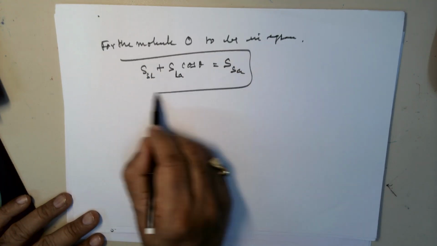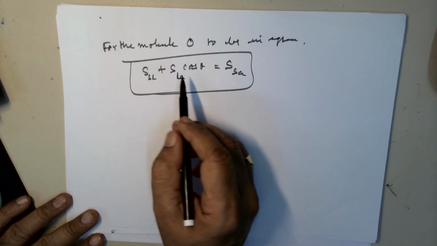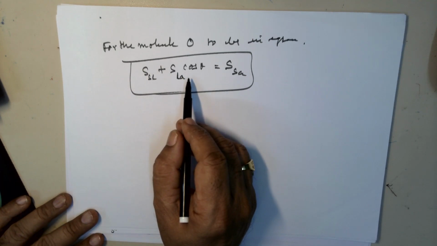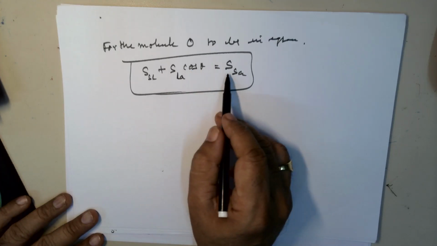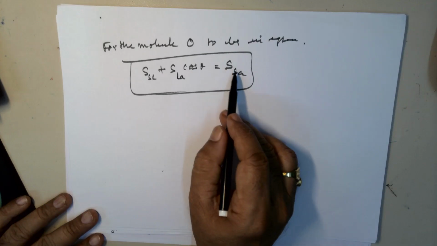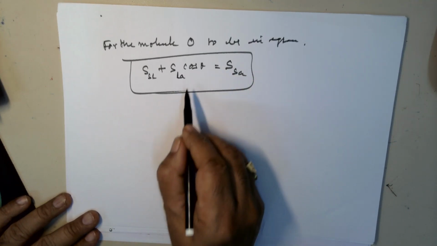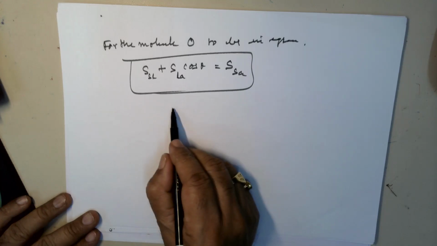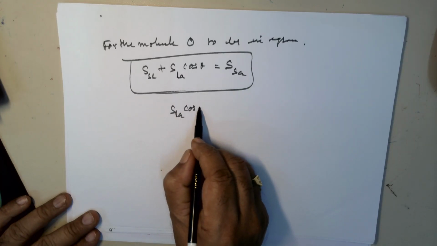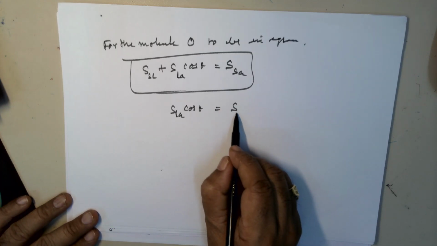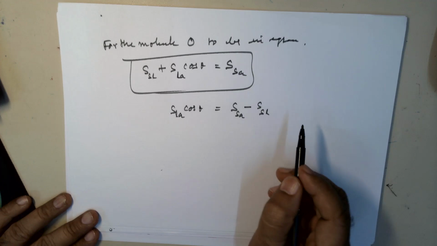So SLA cos theta is equal to SSA. Please note down this formula. The solid-liquid surface tension plus the cos theta component of the liquid-air tension is equal to SSA. Therefore, we can find cos theta. SLA into cos theta is equal to SSA minus SSL.